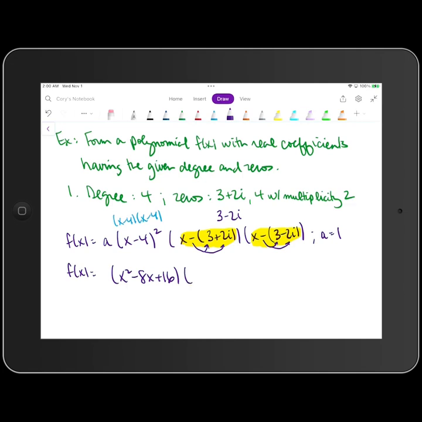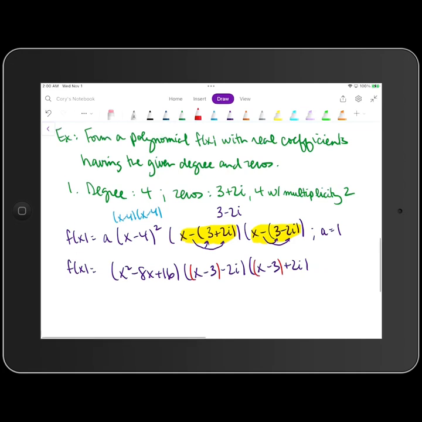Okay, so when I do that, that gives me x minus 3 minus 2i times x minus 3 plus 2i. Okay, once I've done that, I'm going to regroup the two quantities like so, where we have the quantity x minus 3 minus 2i times x minus 3 plus 2i.